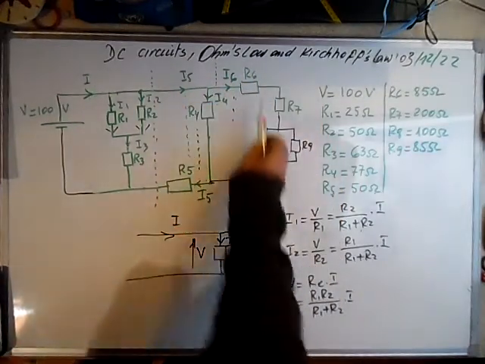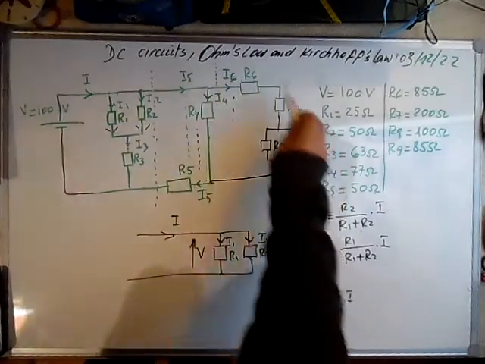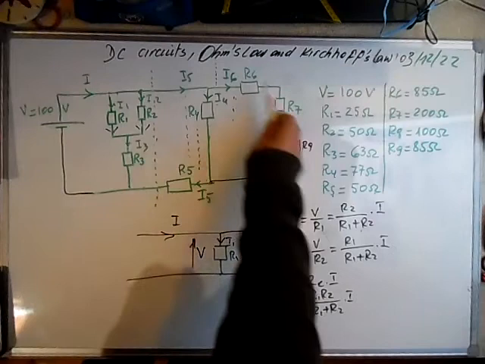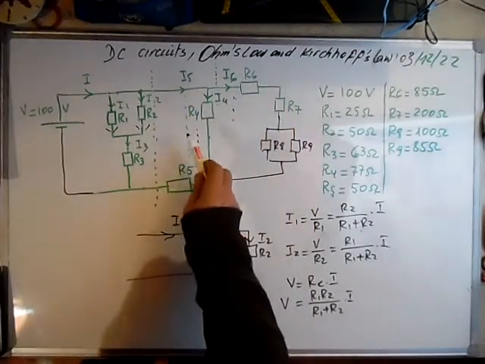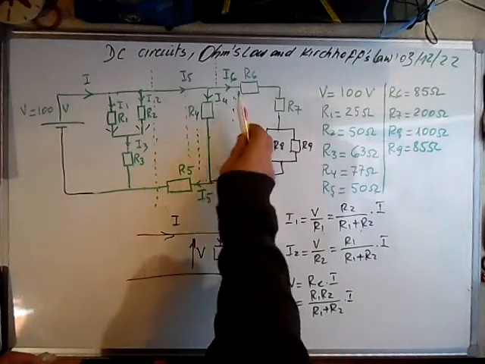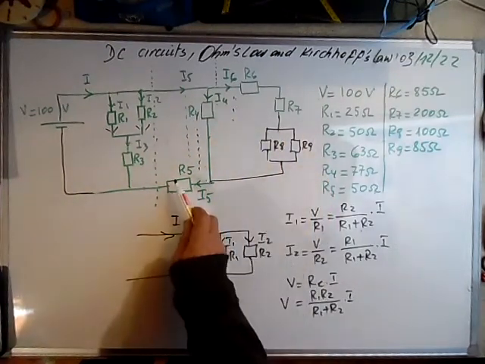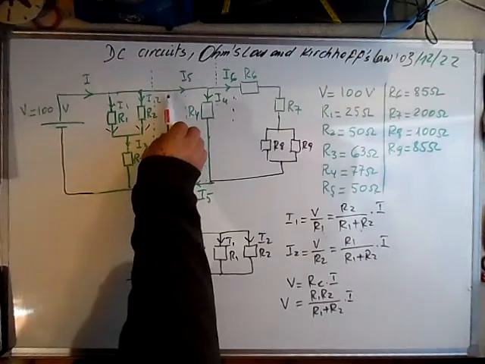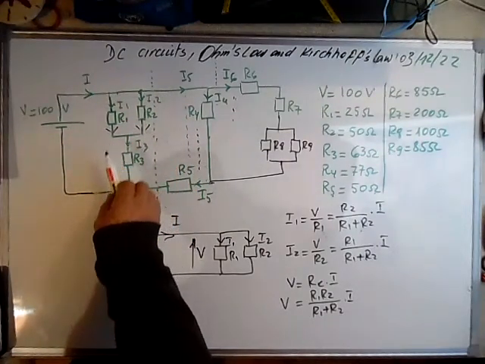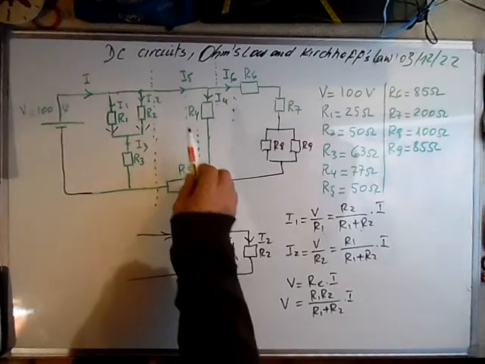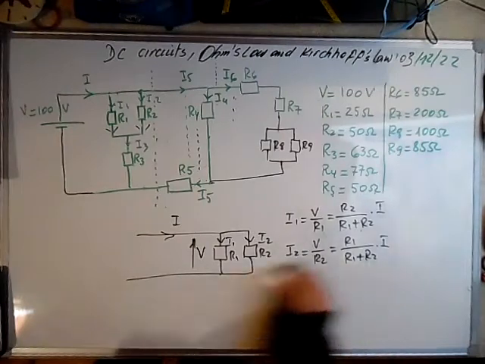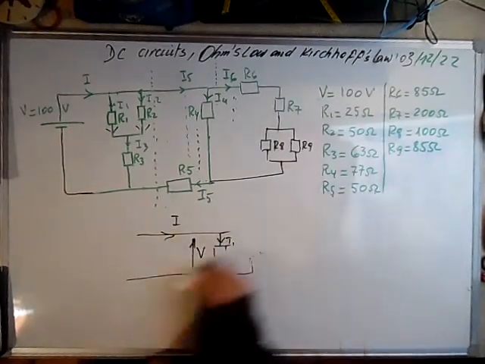So we can call this one R, I don't know for the moment how I would call it, or if we use subscripts, we will use R4, 6, 7, 8, 9, 5 to calculate I5, and here R1, 2, 3 to calculate I3 and I5. Okay, let's start by calculating first the main current.